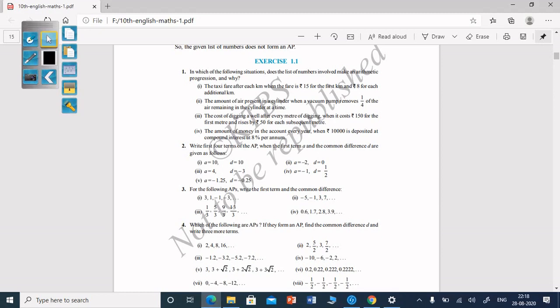Let us go for the second main. In the second main, you have to write the first 4 terms of the AP when the first term A and common difference D are given.